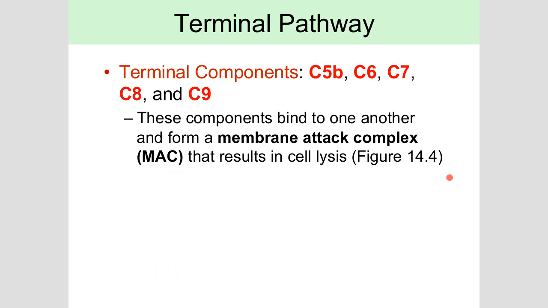So from C3 to C5, we have different components. When we come to C5b till C9, right? Now, one of the mechanisms that our body uses is that it wants to be very, very specific.